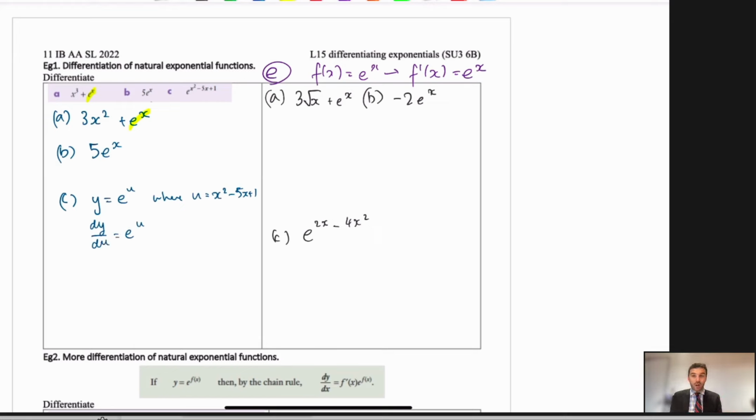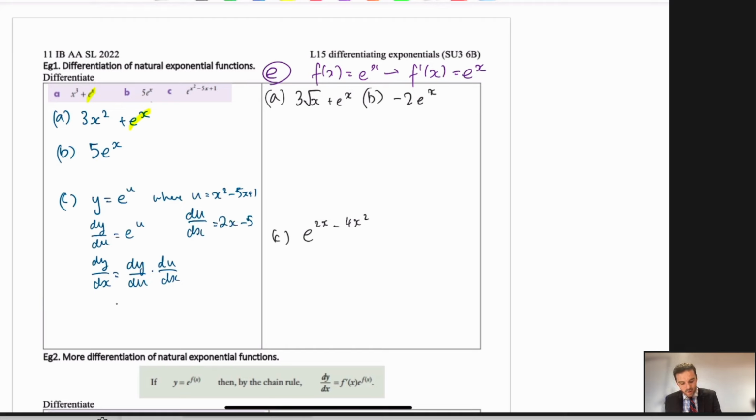But then we can use our chain rule to find dy by dx. So dy by dx is going to be dy by du times by du by dx. Okay, so now we need to differentiate du by dx, which becomes 2x take 5.